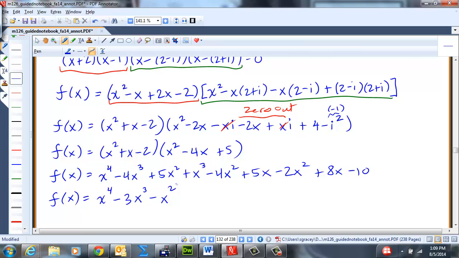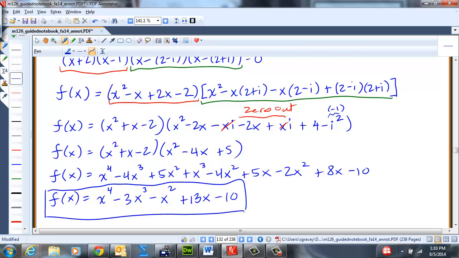And then with x to the 1, we have 2 terms, so that'll be plus 13x minus 10. And that is our complex polynomial function.